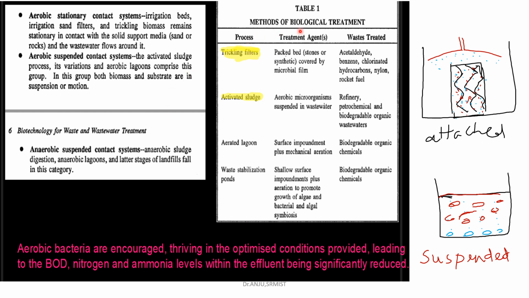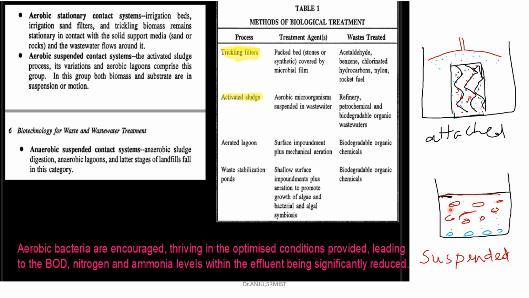In the aerobic biological treatment, the most preferred method of attached process is the trickling filter. The trickling filter is one of the attached biological treatment processes which is widely used for treating industrial waste and also for municipal sewage wastewater.